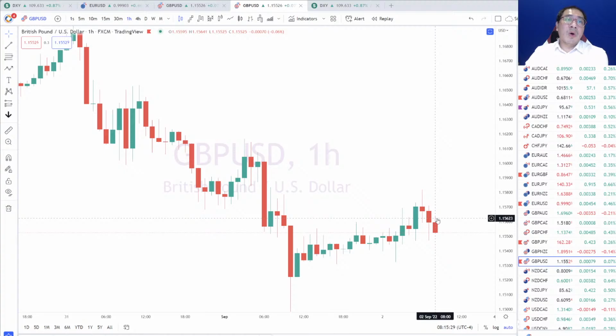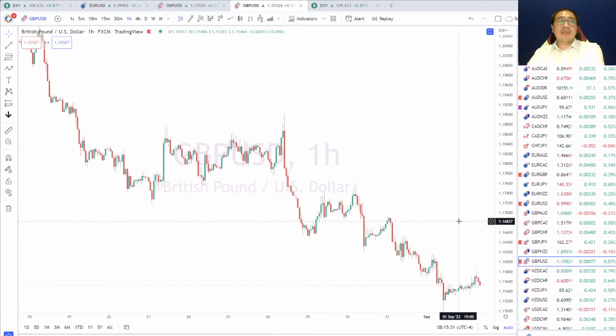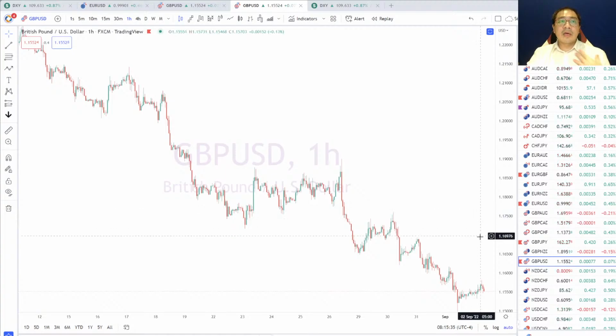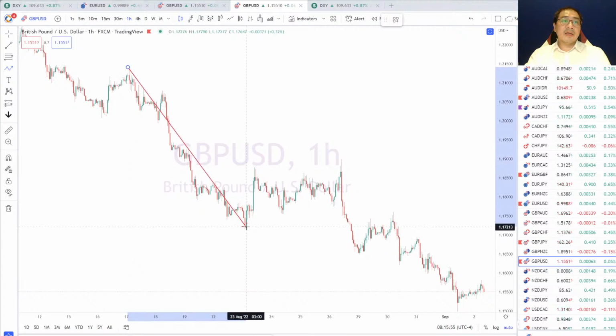Okay, so what about the hourly time frame? Let's take a look at this one. Can we identify a few things on the hourly time frame? Do we see anything here? Do you notice that there's a pause in between before the trend continues? We are going to identify this as a downtrend.